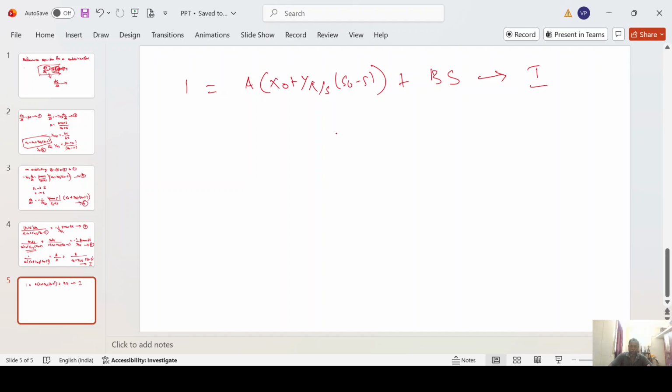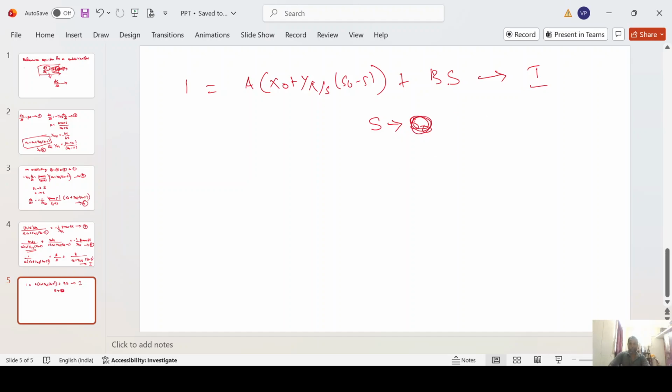You cannot find a and b immediately, so first we need to substitute s tends to, when we need to cancel out this s, what we can take is s tends to 0 first.